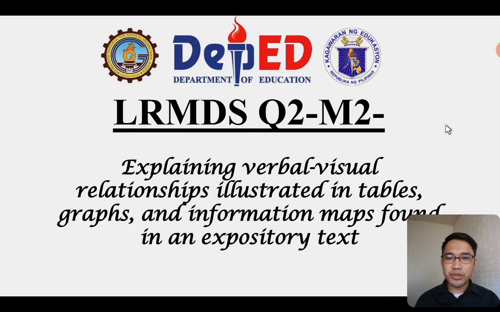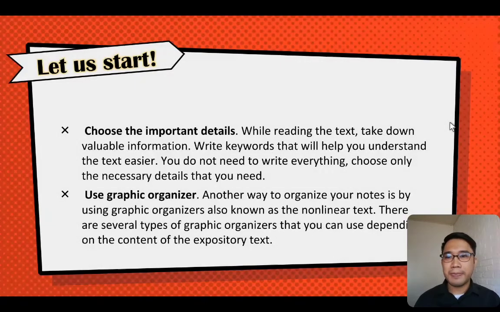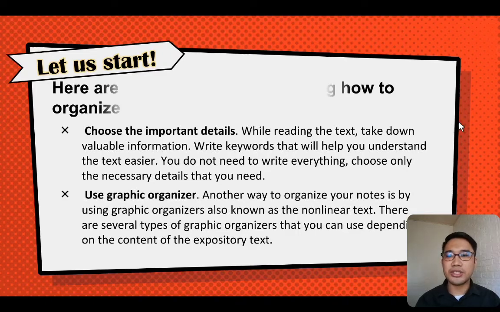explaining verbal-visual relationships illustrated in tables, graphs, and information maps found in an expository text. So what's the difference? This is more of the application of what we learned in module number 1, because it talks about how to choose the important details and using graphic organizers.